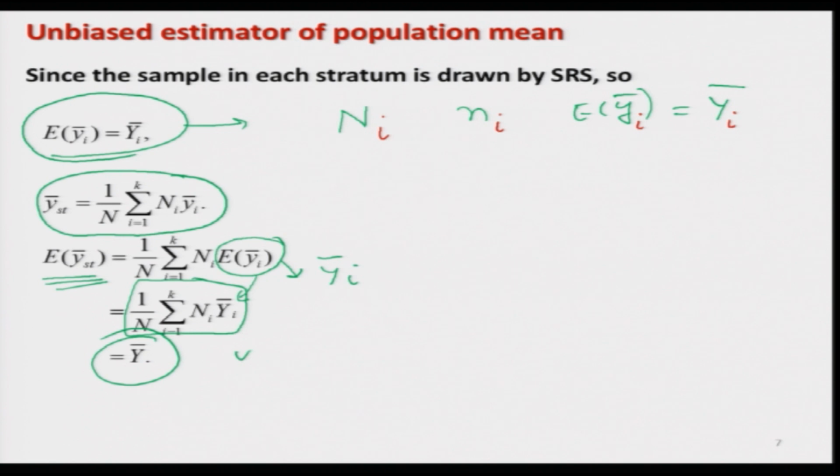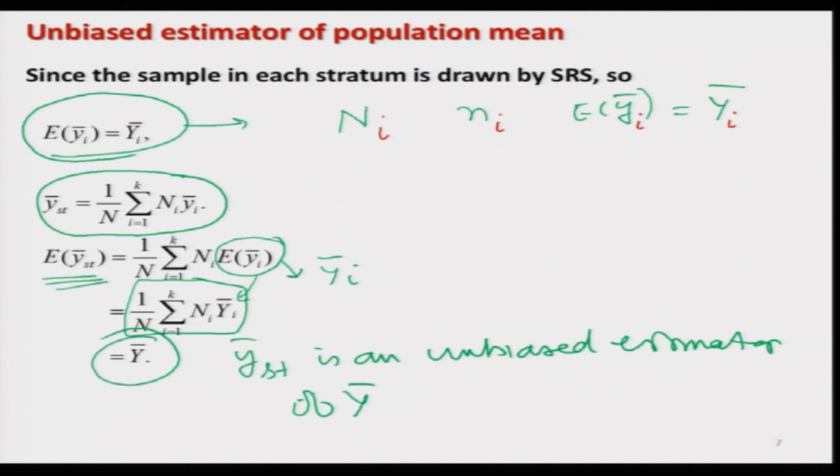So, in this case y bar st is an unbiased estimator of Y bar. So, y bar st has this nice property that it is unbiased. Now, what is the meaning of unbiased?